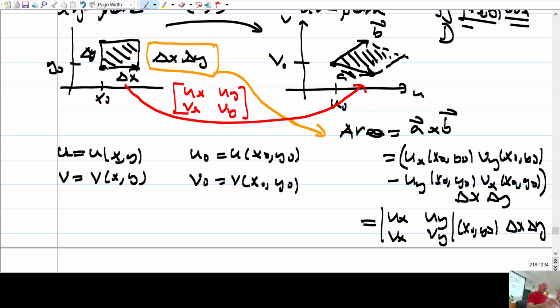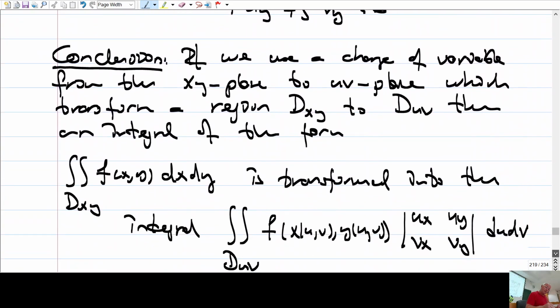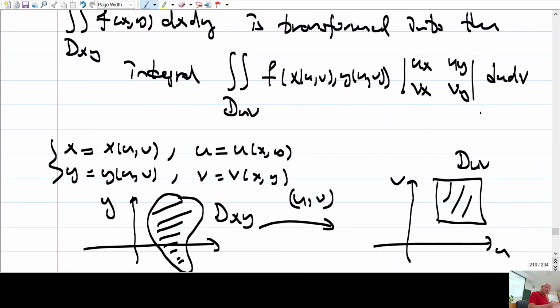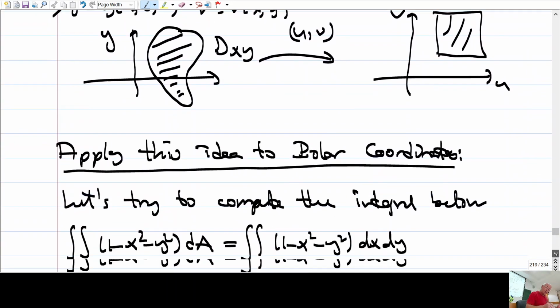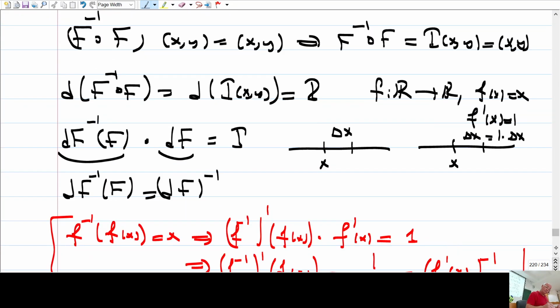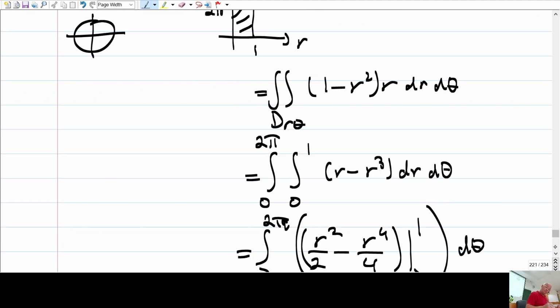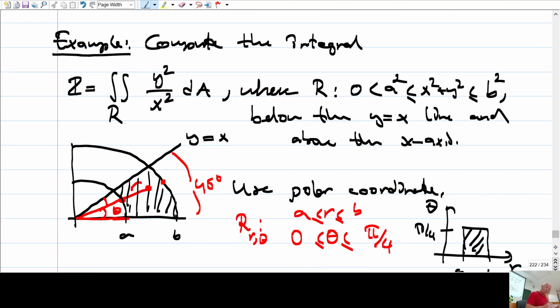So this area is multiplied with this determinant, which we call the Jacobian.